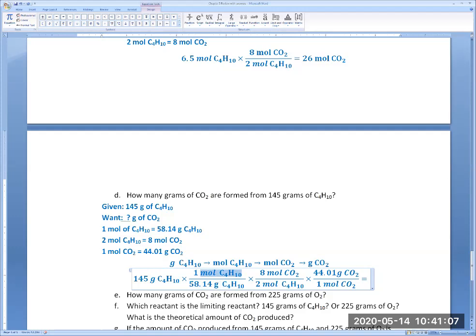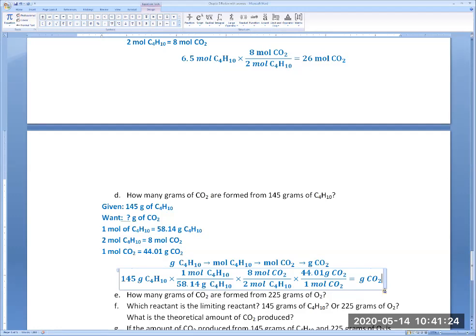Then moles of C4H10 cancel with these. Moles of CO2 cancel with that. And so we are left with grams of CO2. So that will be the final unit because that's what is left as far as units.